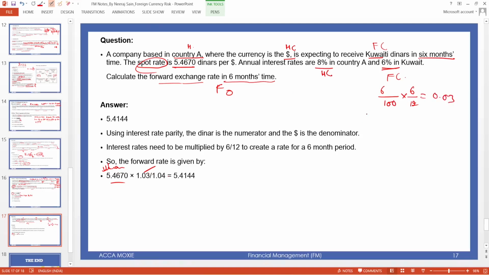And for this, again, 0.04. So the forward rate will be 5.4. This is very easily understandable.